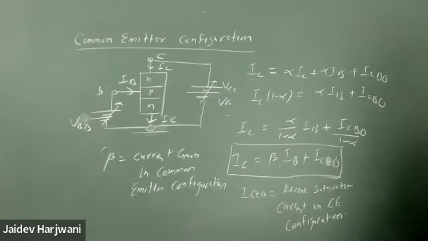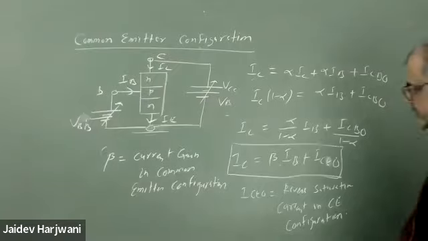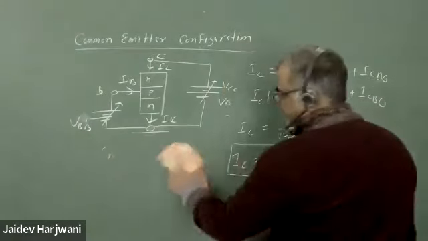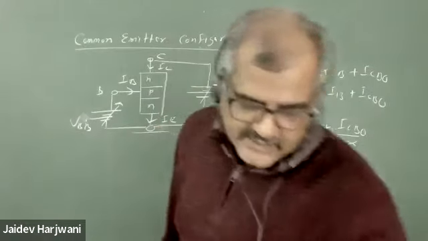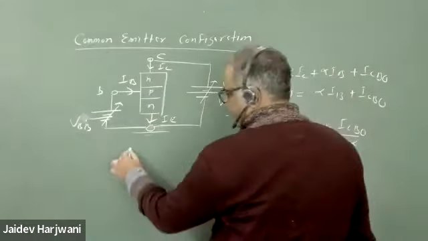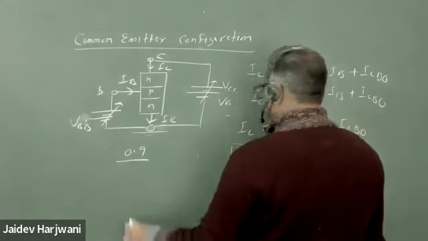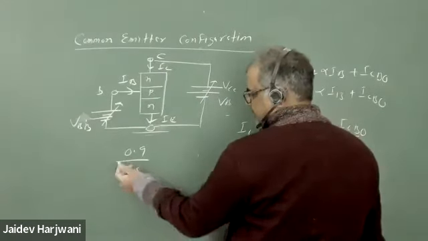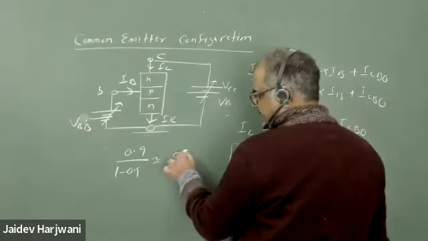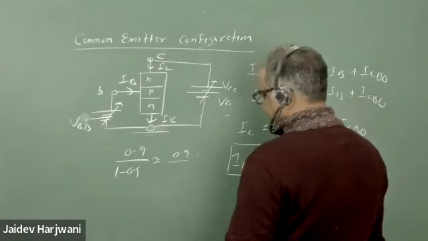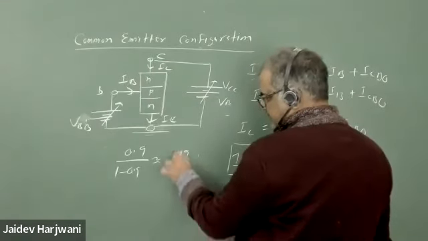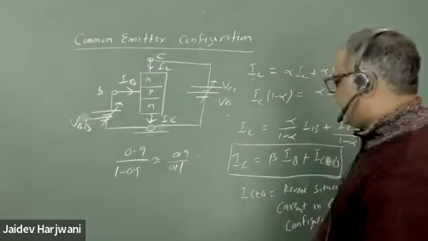So now the beta value should be very high. Alpha is a fraction. How much fraction is going to IC? Suppose your alpha is 0.9 and this is 1 minus 0.9, so 0.9 divided by 0.1 is 9.